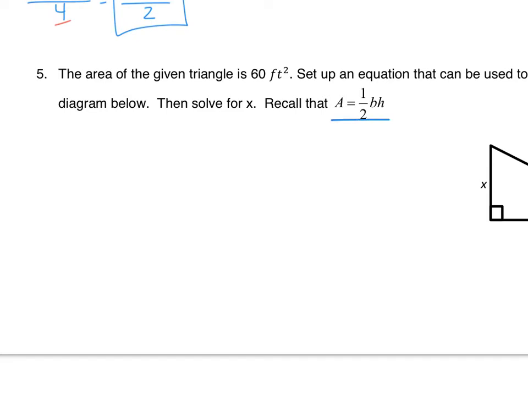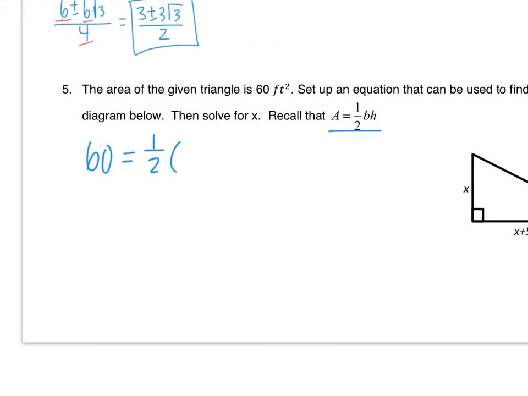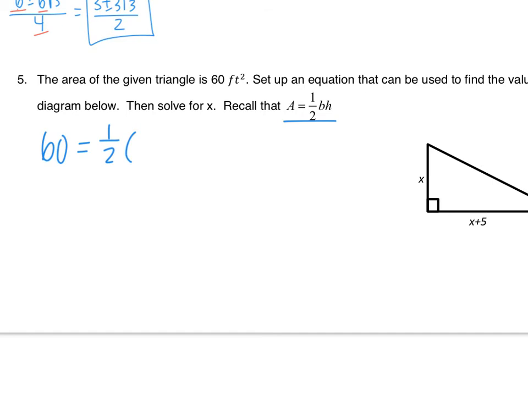So they tell us the area. The area is 60. The 1/2 is just a 1/2. The base, if we look at our picture here, is x plus 5, and the height is x. So I'm going to need to multiply this right side all out. But before I do that, I want to get rid of this half.